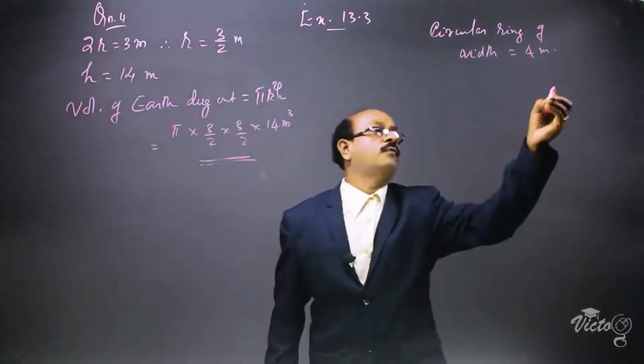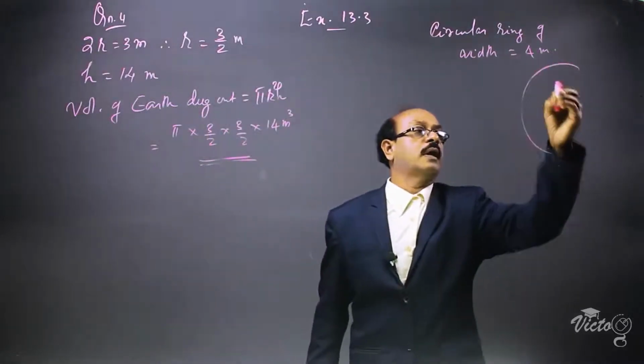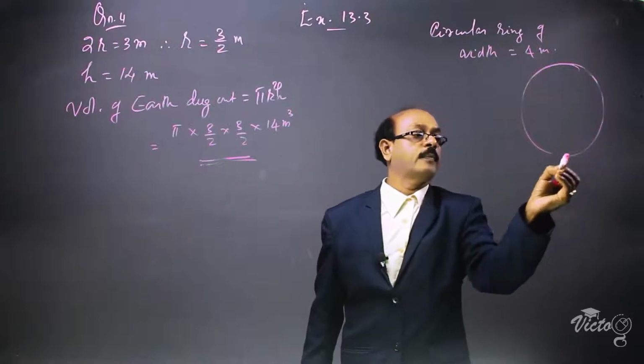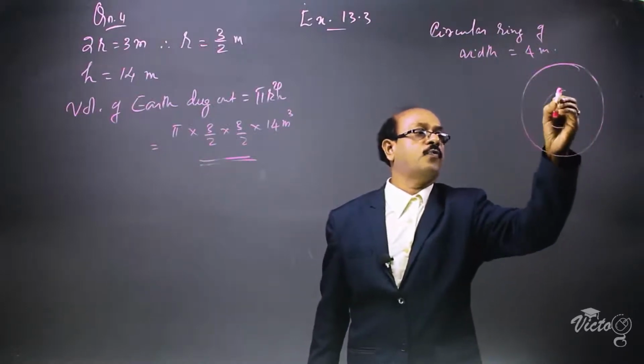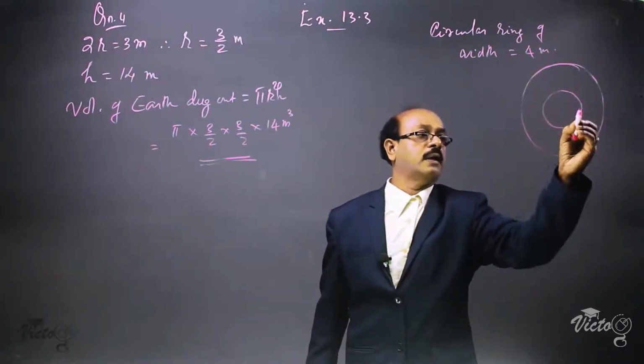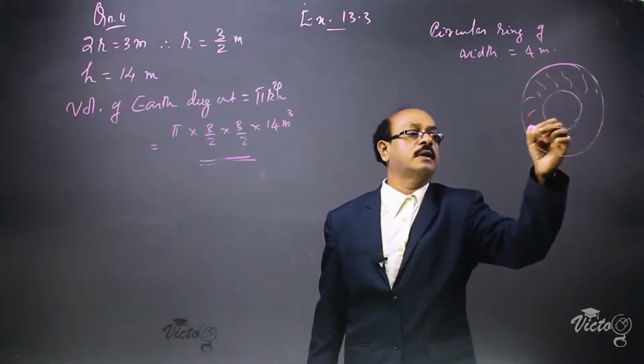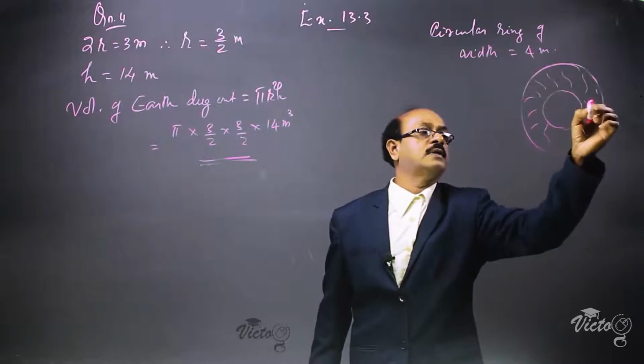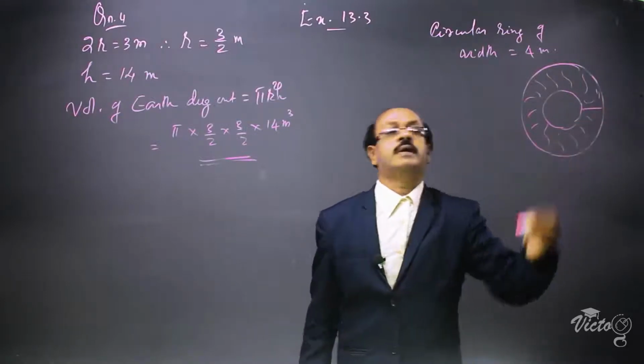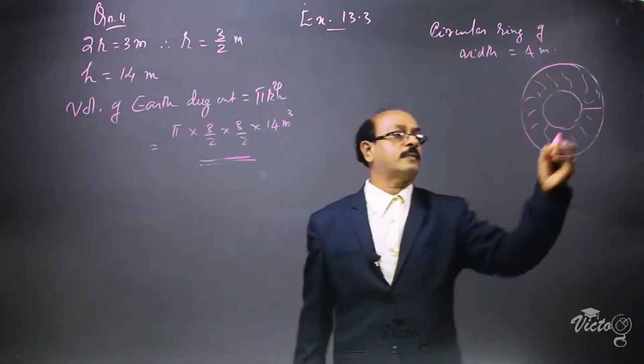So we can draw a circular ring like this. This is the shape of a circular ring. Earth is spread out in this area, and this is the width. It is given as 4 meter.